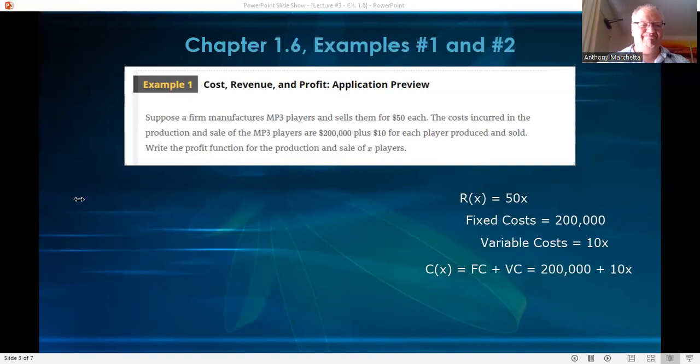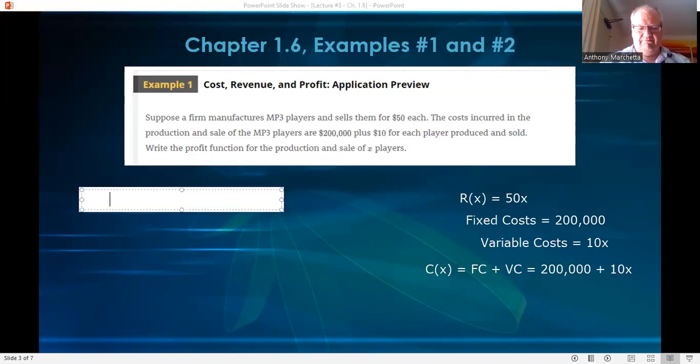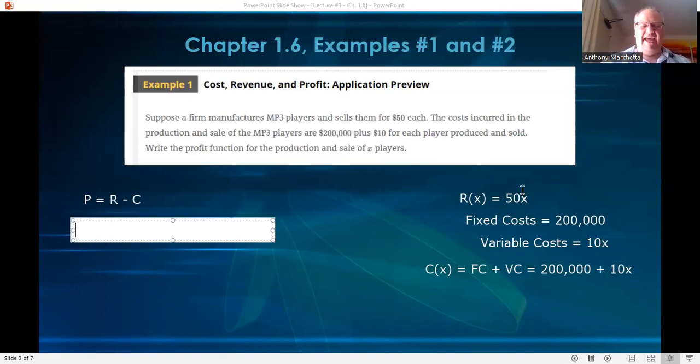I did it again. This is what I'm trying to say. Okay, so now P of X is going to be R of X, which was 50x, minus the C of X. Now, remember, C of X is a binomial. So what I have to do is put it in parentheses so that I get it in there correctly.